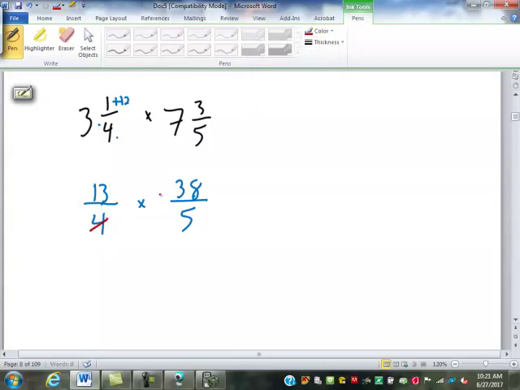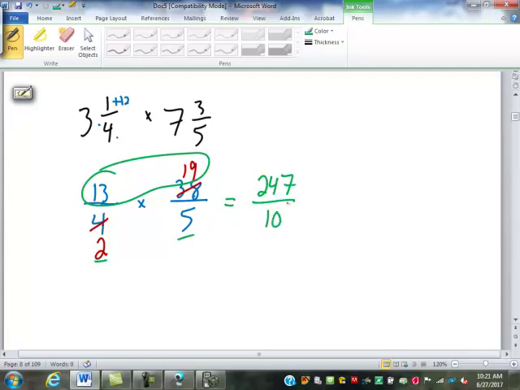Now we can cross-cancel here. We can reduce. 4 and 38 both divide by 2. 4 divided by 2 is 2. 38 divided by 2 is 19. Now we can go ahead and multiply. 13 times 19 is 247. 2 times 5 is 10.